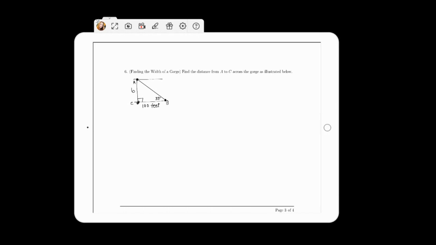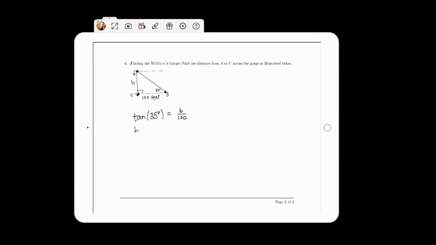And again, we have zero information about the hypotenuse. So we should use the tangent or cotangent because we need only opposite and adjacent. As I set this problem up, similarly, I will have that the tangent of 35 degrees is equal to B over 100. Okay, so I can solve for B by multiplying both sides by 100. So 100 tangent of 35 degrees is my exact answer.